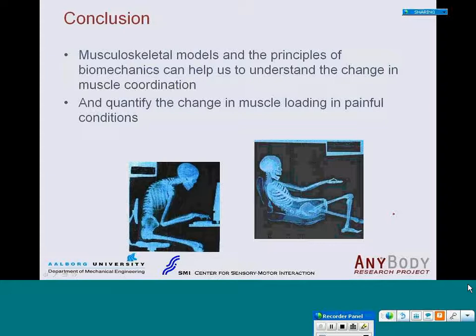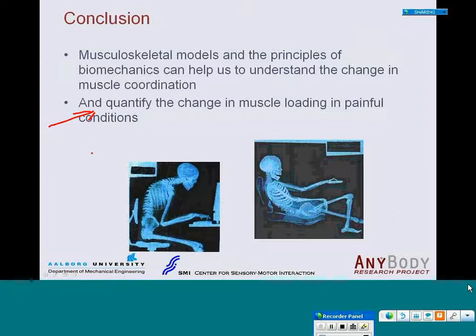And I think in this case, the numeric model of the cervical spine could really help us. It also means that we can quantify the change in muscle loading in painful conditions, and also the loading of the structures around the cervical spine.